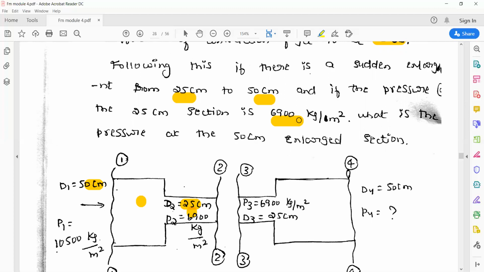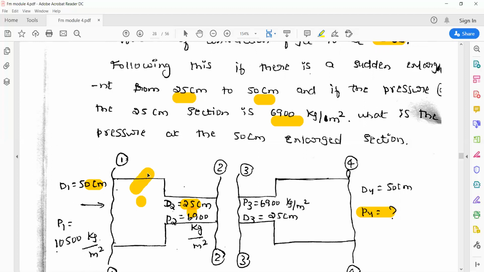The value of P3 they have given is 6,900. Again, kg to Newton, you need to multiply by 9.81. So what is the pressure at the 50 centimeter enlarged section? This is the value of P4 you need to calculate.